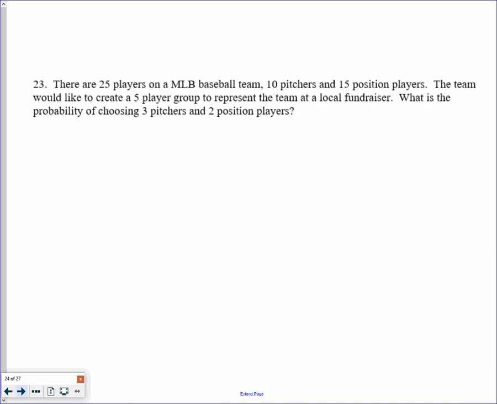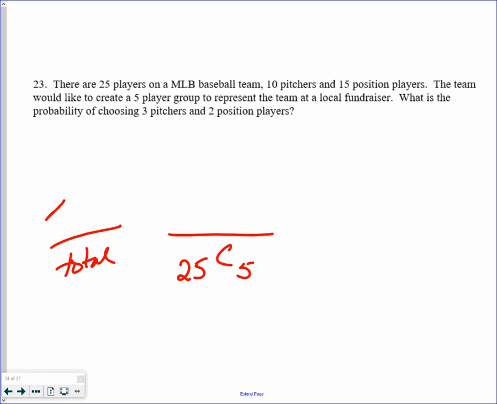There are 25 players in an MLB baseball team, 10 pitchers, 15 position players. The team would like to create a 5-player group to represent the team at a local fundraiser. What is the probability of choosing 3 pitchers and 2 position players? So of the 25 players, I want to choose 5 to be on this committee. That's your total. Success.